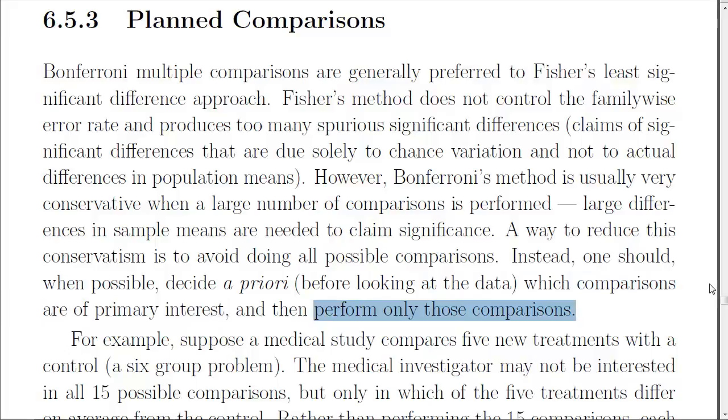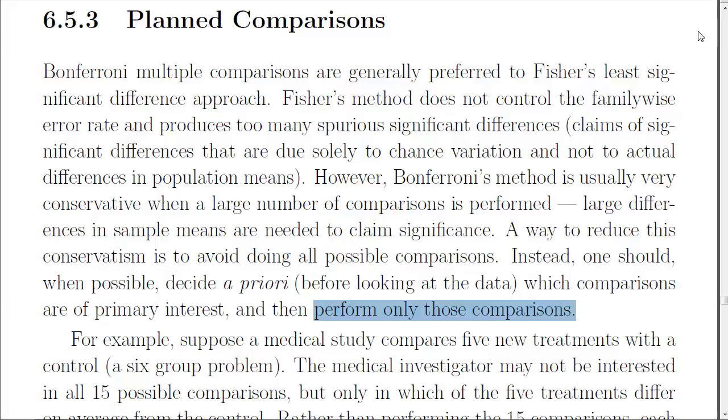This is a real advantage, especially when you have many populations and only a few planned comparisons that you care about. One natural example is when you have a baseline or control condition, and then a bunch of treatment conditions. Perhaps you don't want to know the difference between the treatments, but you only want to know which treatments are different from the baseline.